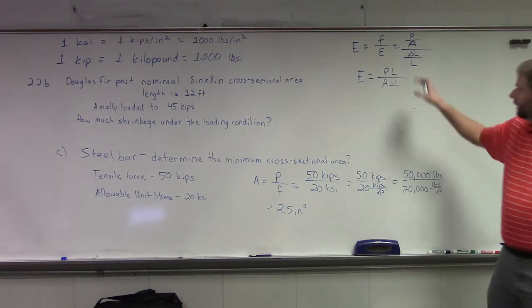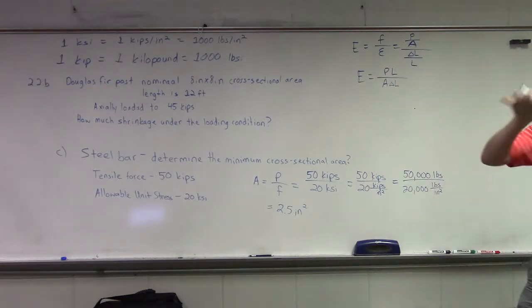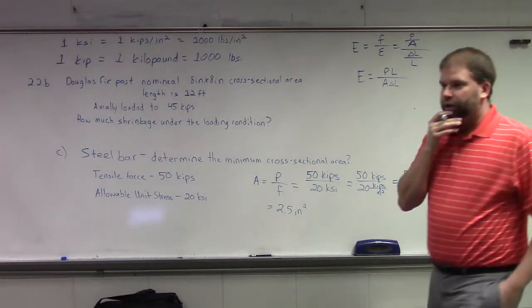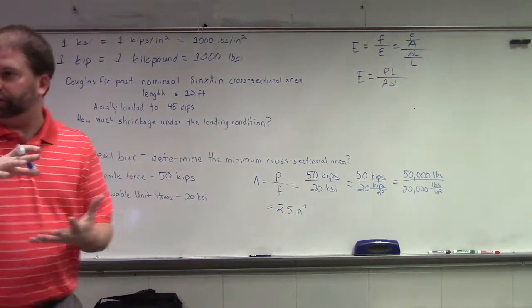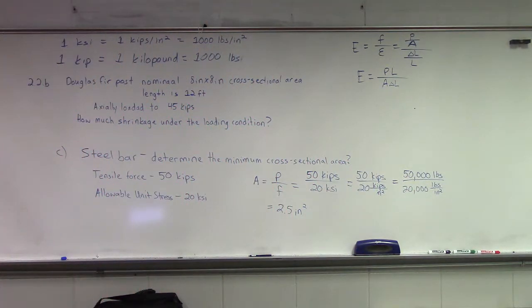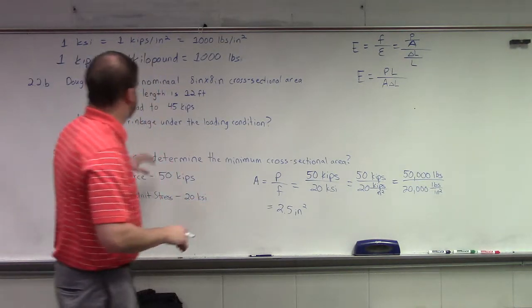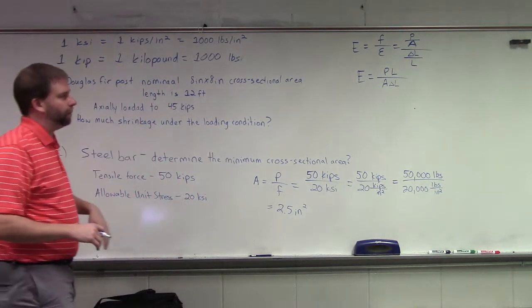Okay? So that's where that equation comes from. That's where all these equations are coming from. That's all we're doing. We're just manipulating how we're pressurizing our system and how that's creating deformations. And then we're simplifying the math to get it into things that are very easy for us to determine.